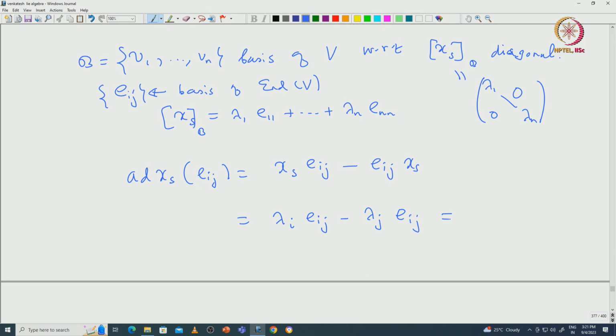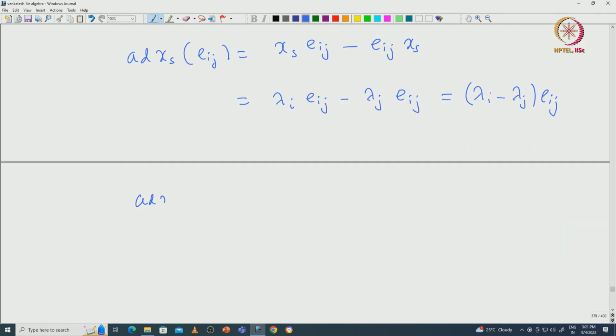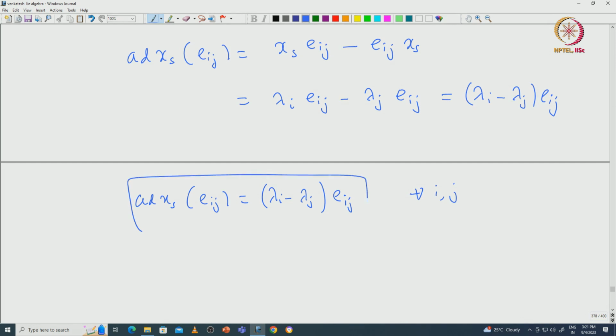So, that means this is (lambda_i minus lambda_j) times E_ij. So, on the basis, ad x_s acts as a scalar, (lambda_i minus lambda_j) times E_ij, and this is true for all i, j. So, that means ad x_s is actually diagonalizable, and that implies ad x_s is semisimple.